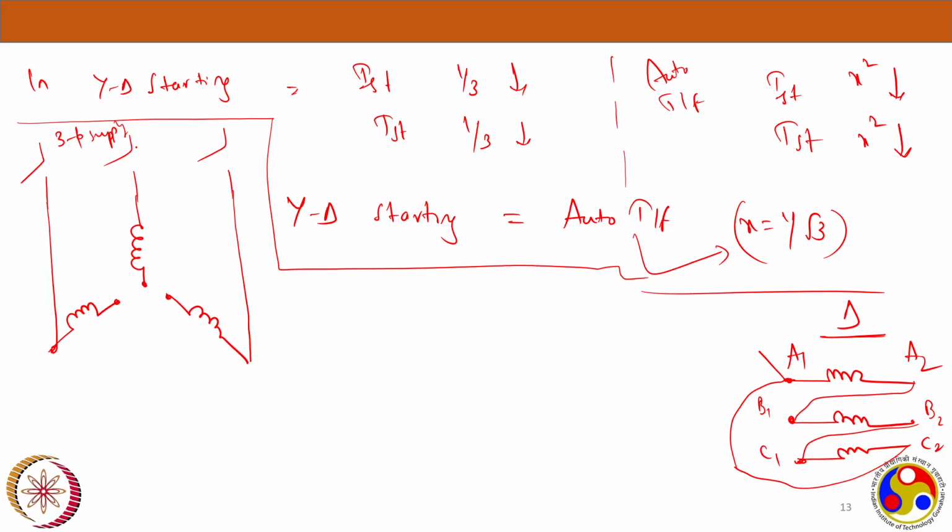B1, B2, and now you need to have a TPDT, triple pole double throw switch in this. You need three poles, A, B, C, triple pole, and double throw: two kinds of junctions. Now I'm bringing down the terminals A2, B2, C2.